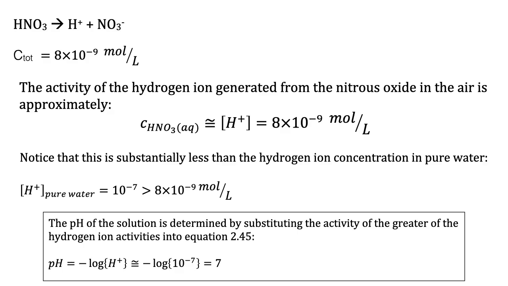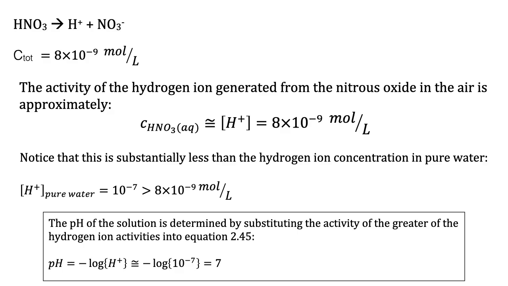Now, recall the concentration of H plus in pure water is about 10 to the minus 7. Notice this is an order of magnitude or greater than 8 times 10 to the minus 9. Therefore, we find out that although the nitrogen oxides have increased in the atmosphere, and although they form nitric acid in solution, those nitrogen oxides globally have not significantly changed the pH of the rainfall, since 10 to the minus 7th is greater than 8 times 10 to the minus 9.